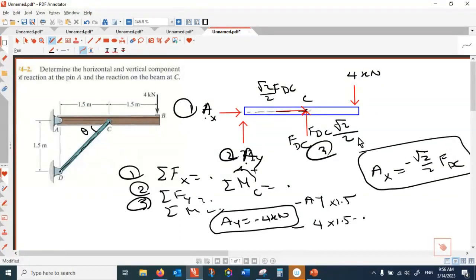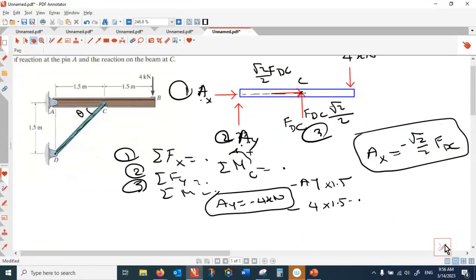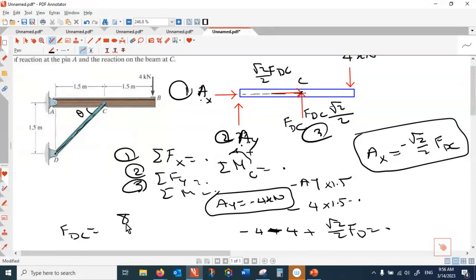This is two equations, but if I write the second equation, it is AY, which is minus 4, plus root 2 by 2 FDC is equal to 0. And from here, FDC is 8 times 2 divided by root 2.